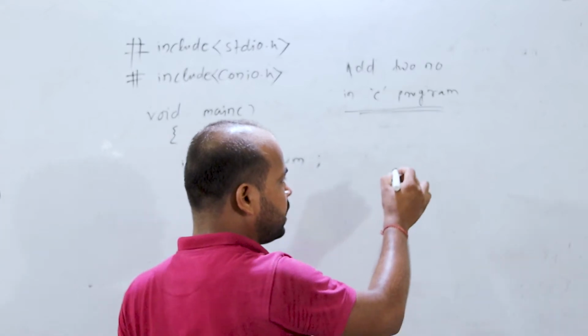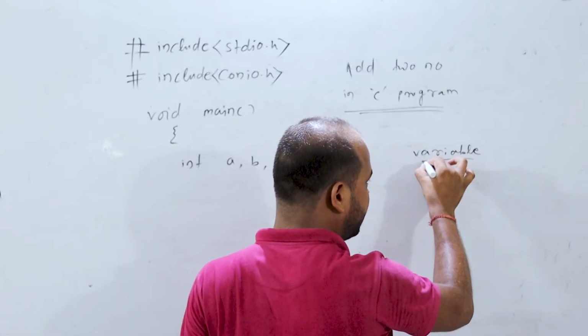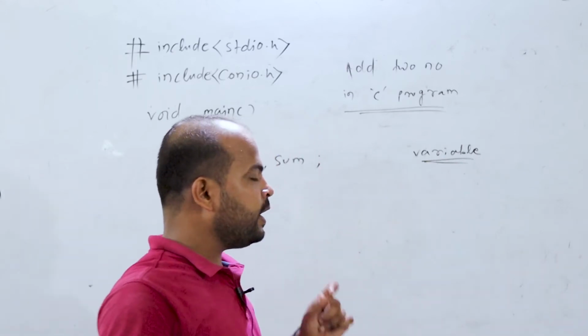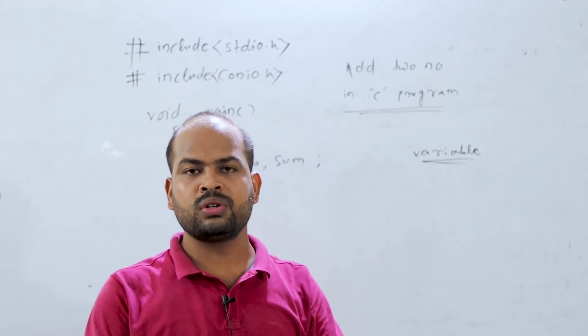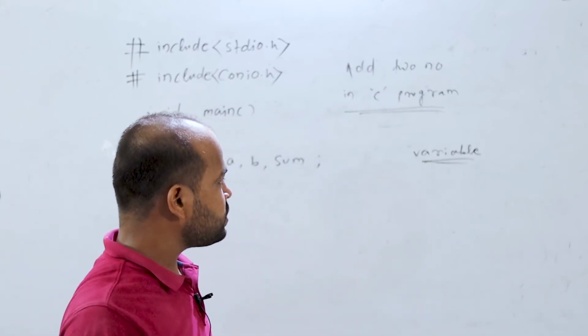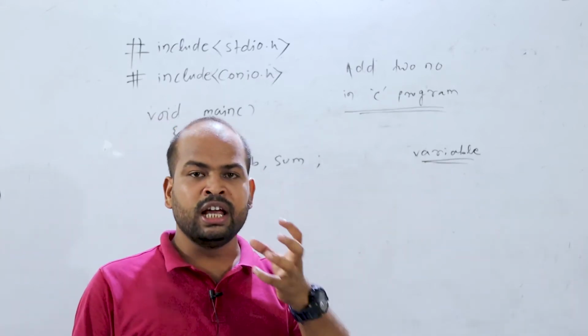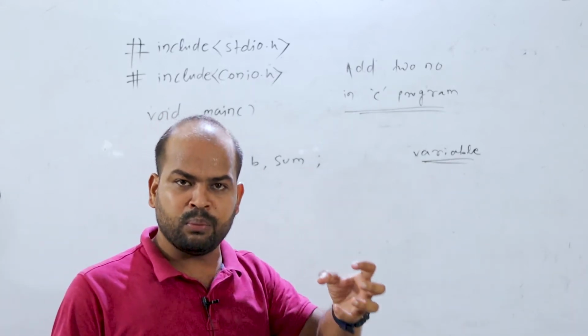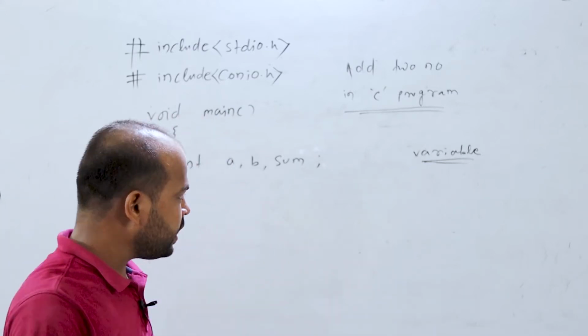So one thing is, what is a variable? Actually, a variable is a location in memory which holds values. That means when we declare a variable, it will create a location in memory in which we can store values. Okay.